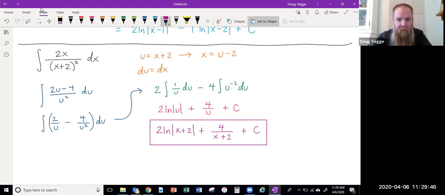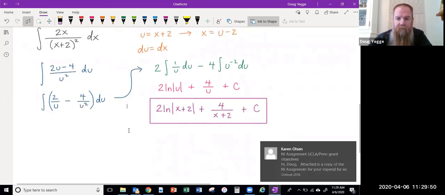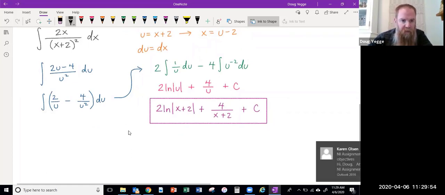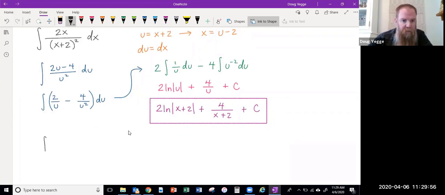So if I were to take this problem right here, I have the integral of 2x over x plus 2 quantity squared. And we're going to see that sometimes I like this method actually that we're about to do.